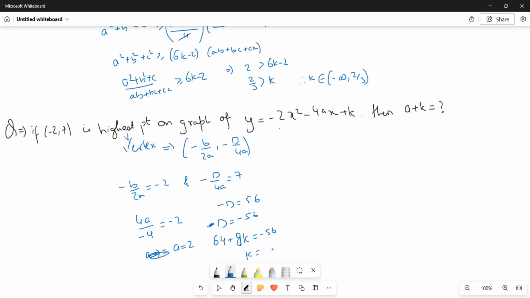So k would be minus 56 minus 64, so 60 plus 60, 120 by 8 with a negative sign. How much is 120 by 8? Minus 15. So a is equal to 2, k is equal to minus 15.